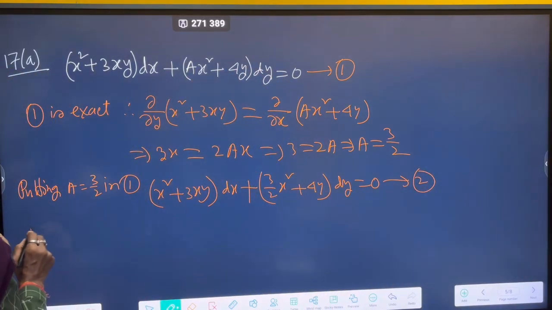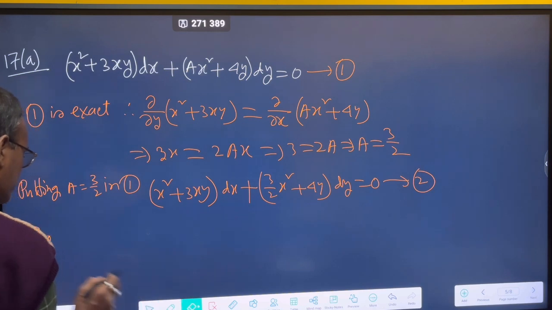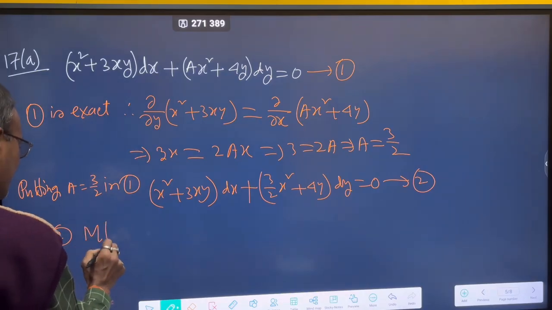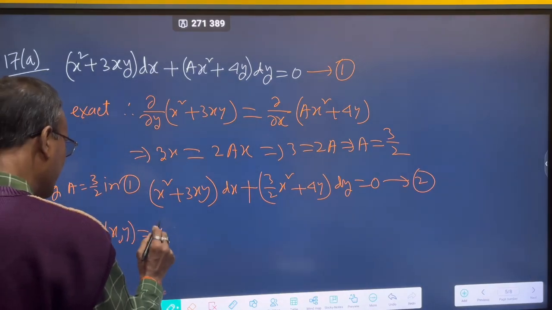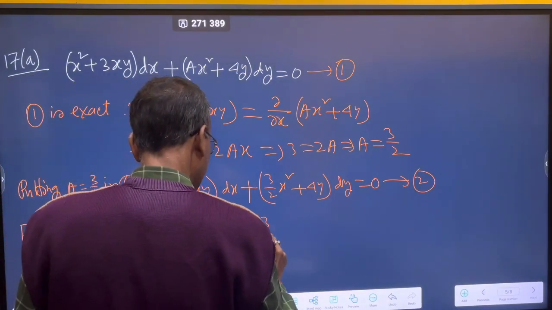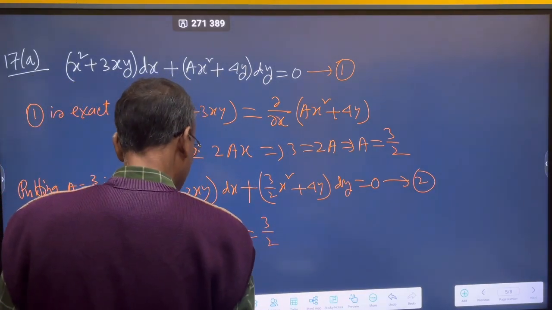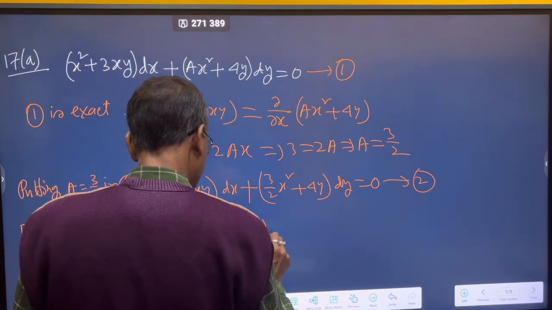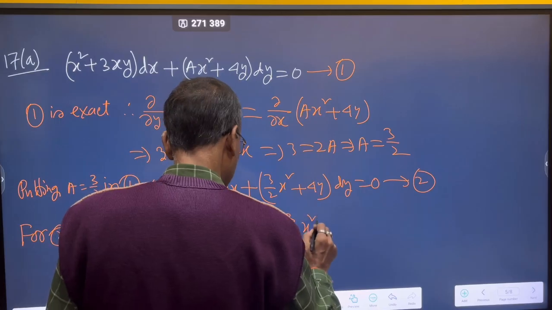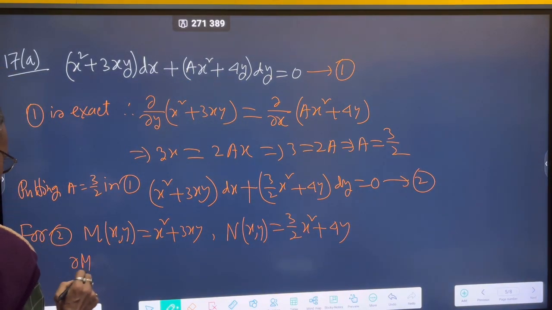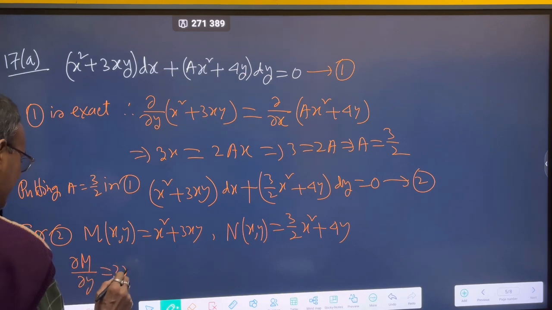For 2, M of x y equal to x square plus thrice xy, and N of x y equal to 3 by 2 x square plus 4y. del M by del y equal to thrice x.